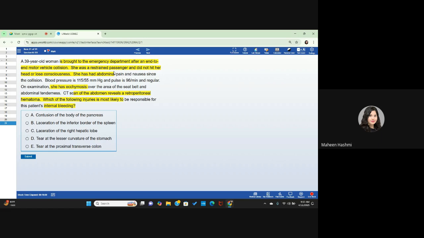She has had abdominal pain and nausea since the collision. Blood pressure is this, pulse is this. What's happening? It's injury to the pancreas. Yes, because the retroperitoneal organ in all the options is the pancreas. All right, A.